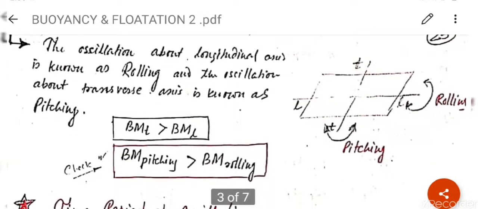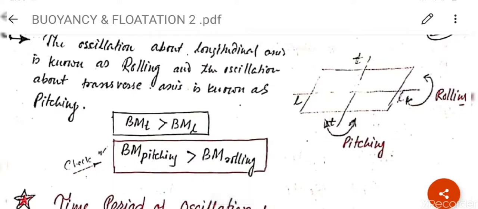Now the oscillation about the longitudinal axis is known as rolling. The next important point. For example, a boat is tossing about. About which axis? About the transverse axis. And oscillation about the transverse axis is known as pitching.